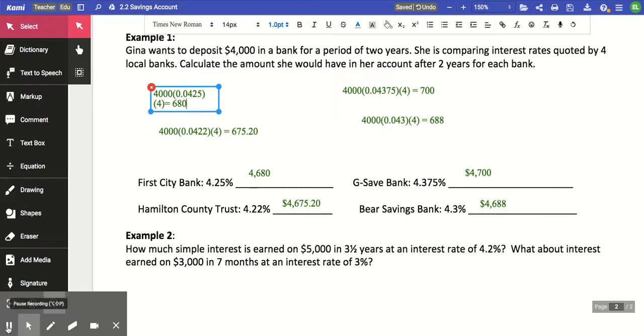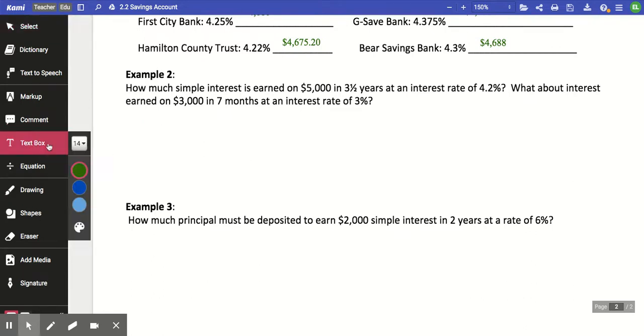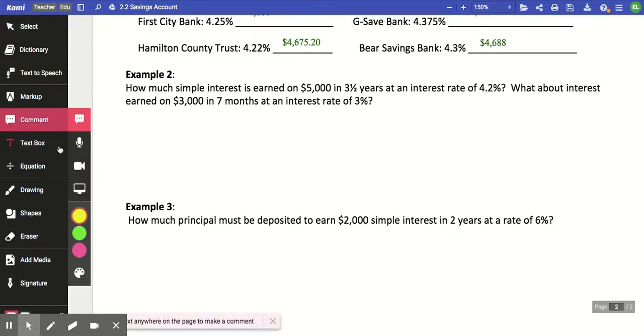Example number 2, we're asked how much simple interest is earned on $5,000 in 3.5 years at 4.2%. And then how much interest is earned on $3,000 in 7 months at an interest rate of 3%. So for this first one, our initial amount, or our principal, is $5,000.